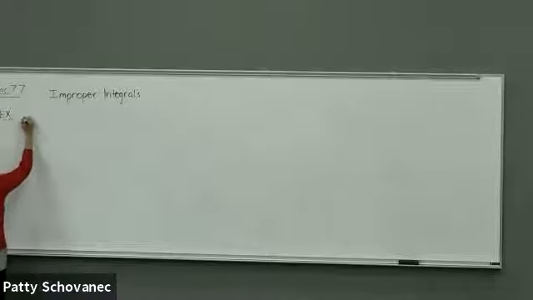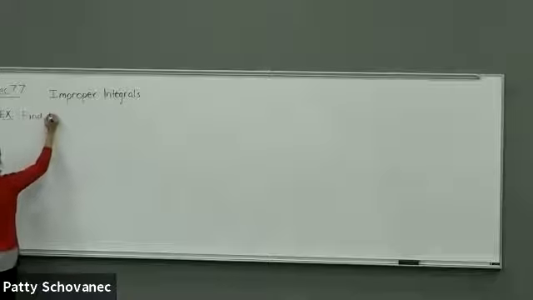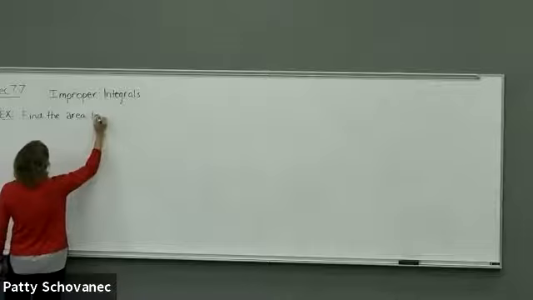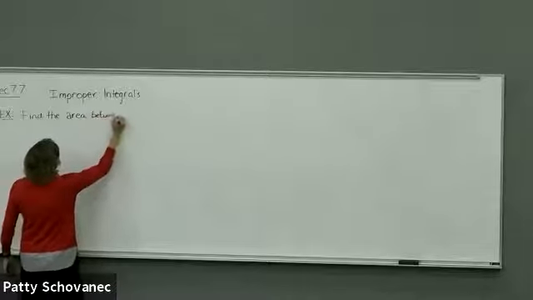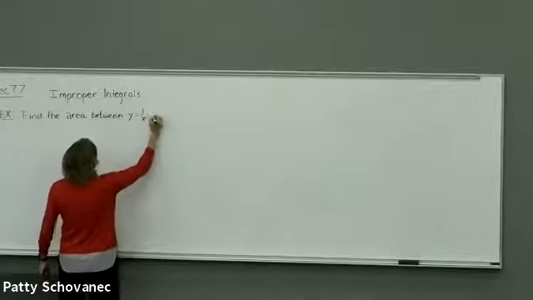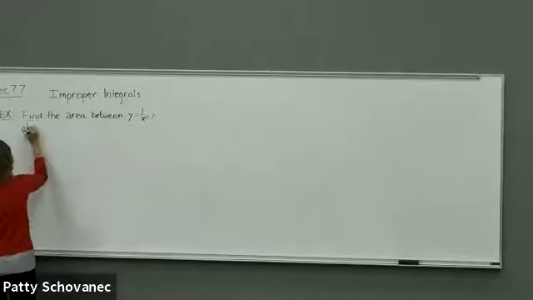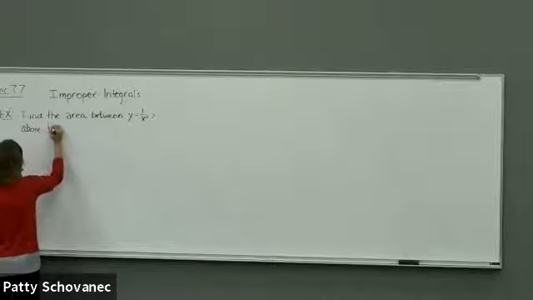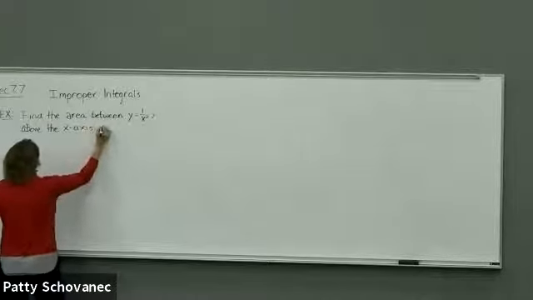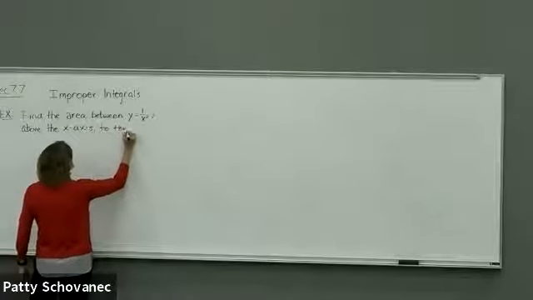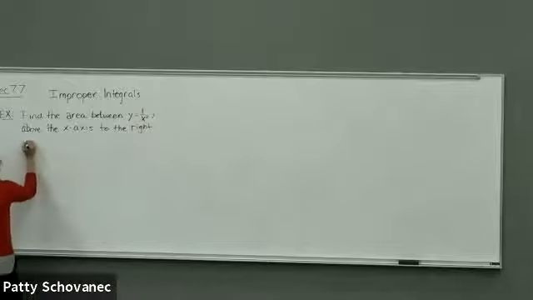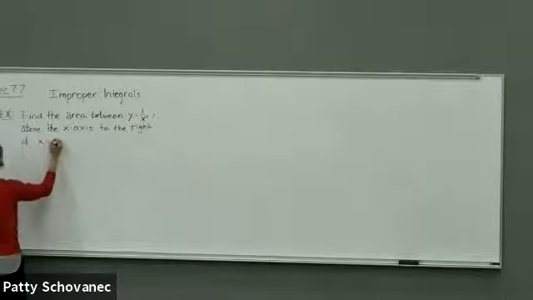And we're going to find the area between that graph, y is equal to 1 over x squared, above the x-axis, to the right of the line x is equal to 1.